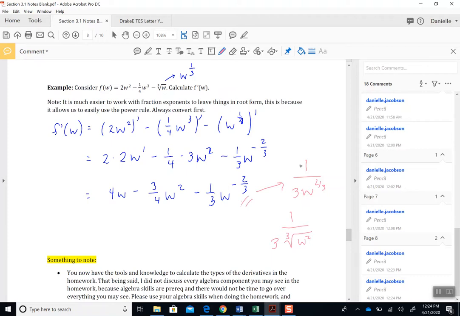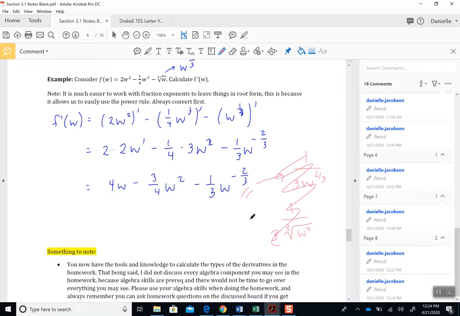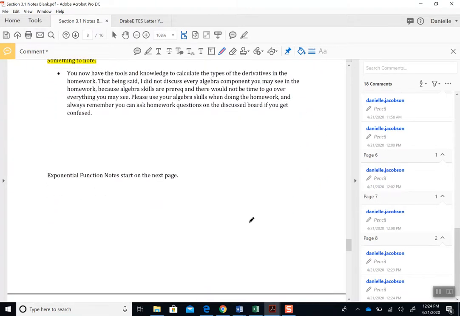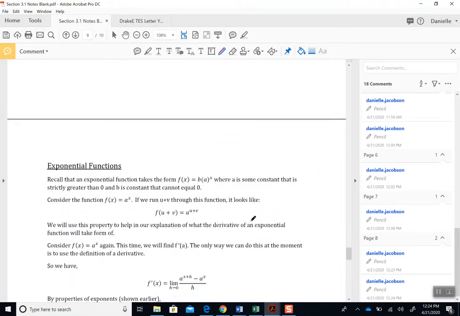It's a lot easier to just leave it like that, and honestly, it gives you way less room for error, which is nice. So again, note from last time, you're going to have more algebraic steps sometimes, and it can make you simplify sometimes, but generally, you should be able to do that and use these properties, at least in this section.